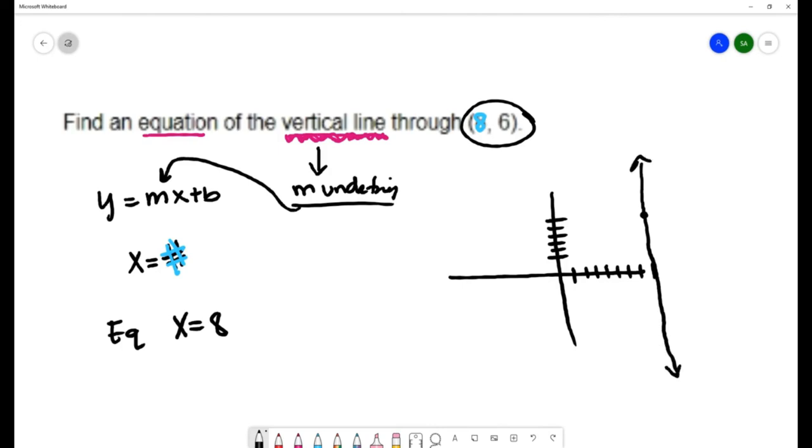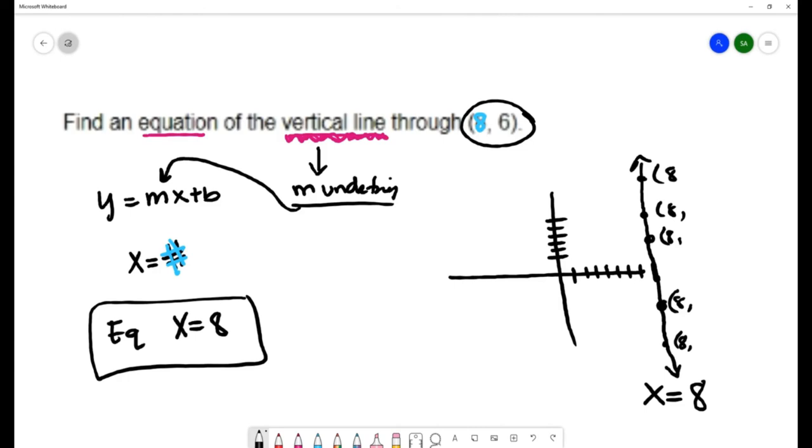If you think about all the ordered pairs on this line, every single ordered pair on this line will have an 8 as the x-coordinate. So no matter what, x is equal to 8. That's why we get that equation. So the equation of that vertical line is x equals 8.